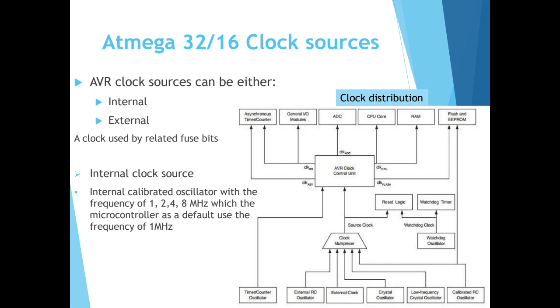For example, we want to connect it to an LCD and a keypad at the same time. Then we need the pins of our microcontroller. So sometimes we need to use the internal clock source because it is internal and we don't need to wire up and use the pins of an external clock source.